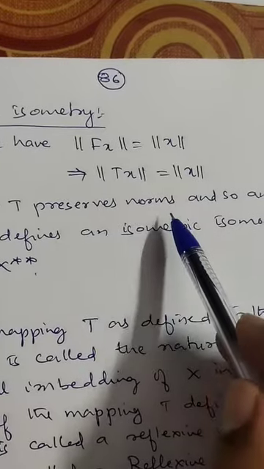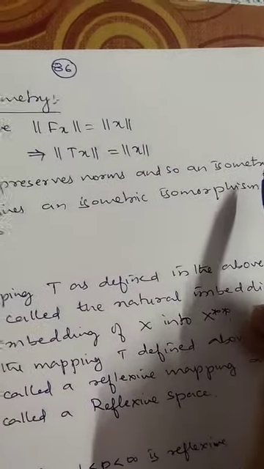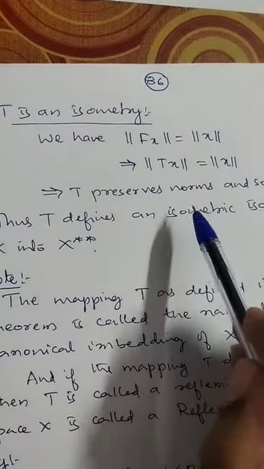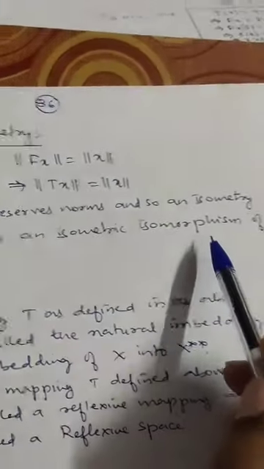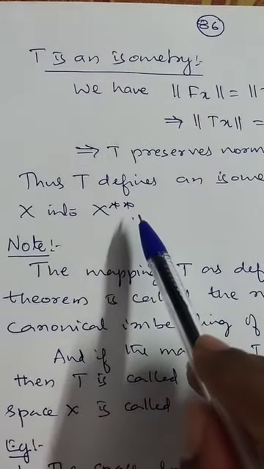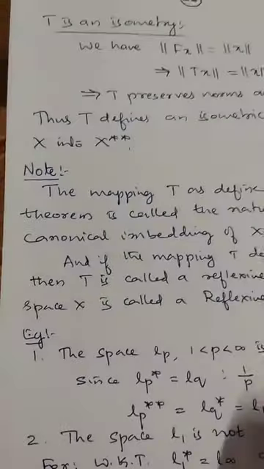So if T preserves norms, then it becomes an isometry. Now it's an isometry. Thus T defines an isometric isomorphism of X into X double star.